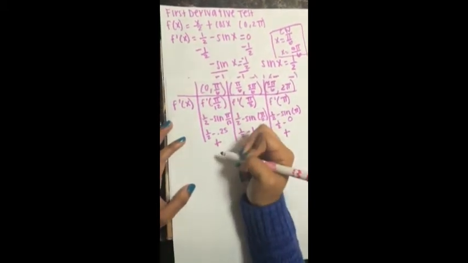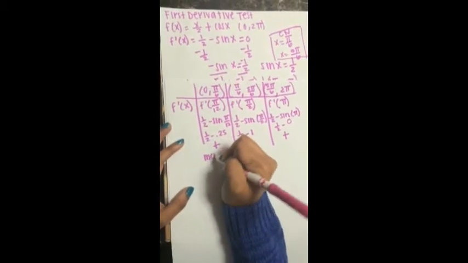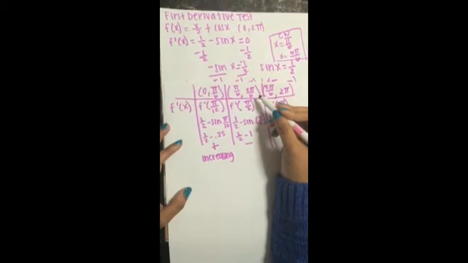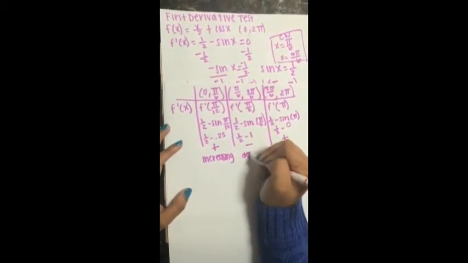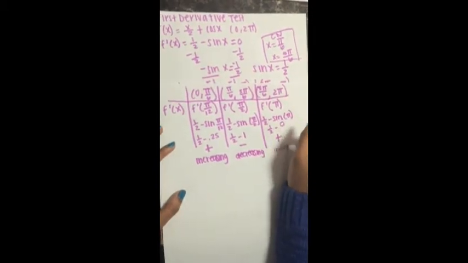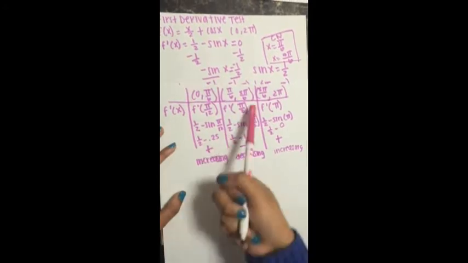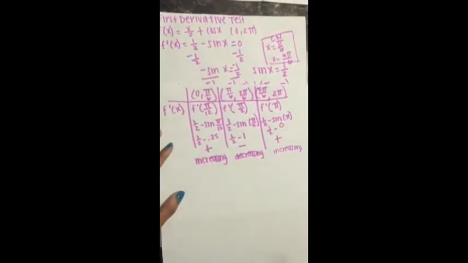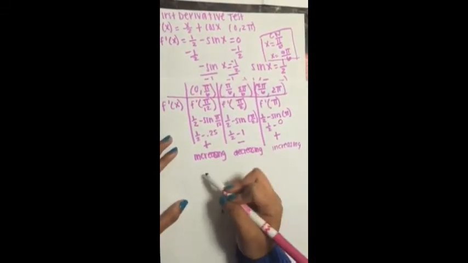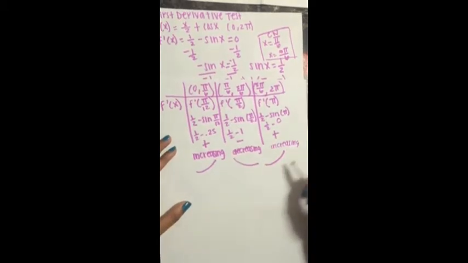So what this means is that the function here is increasing, and it's decreasing here, and it's increasing here, because the derivative is positive and then negative and then positive. And so now if we draw it here, our function is increasing and then decreasing and then increasing.